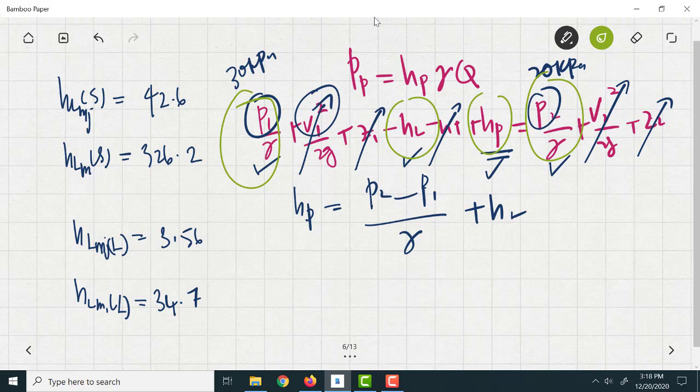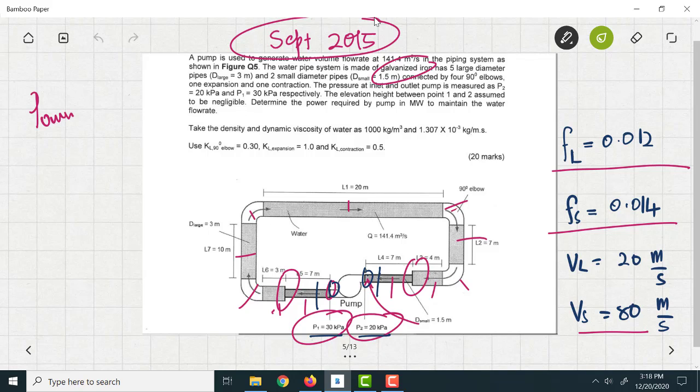Alright. So from here, you need to find gamma. How do we find gamma? Gamma is the specific weight. It is equal to rho G, not rho Q. Don't misunderstand. Gamma is equal to rho G. So we have the specific weight and then we have Q. Q is given to us: 141.4 cubic per second.